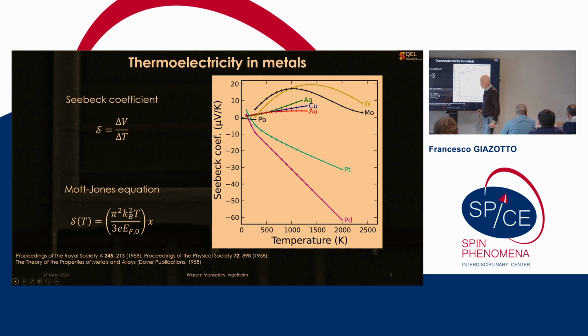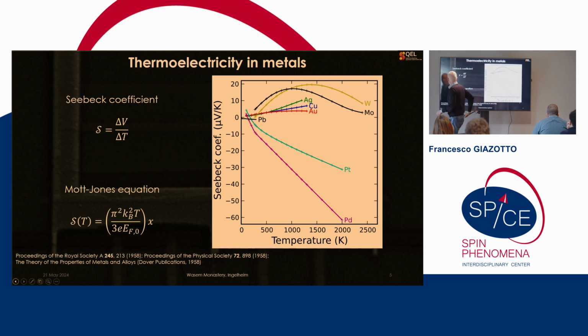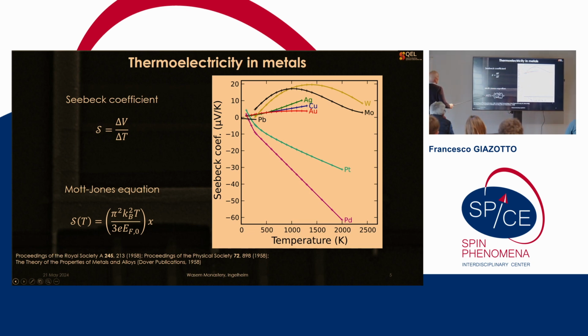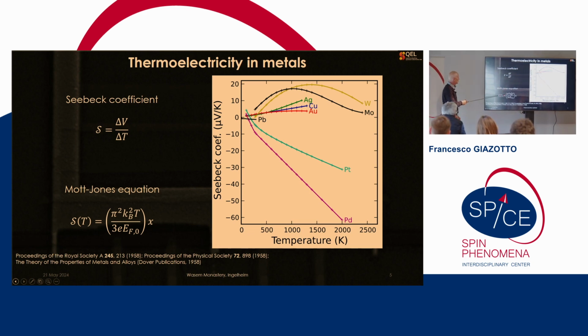Why? Because the Mott-Jones equation states that the Seebeck coefficient, in the linear response regime, is proportional to a property at the Fermi energy. It is set by the ratio of the temperature and the Fermi temperature, so already you see that this quantity is very small, and it is linear in temperature.